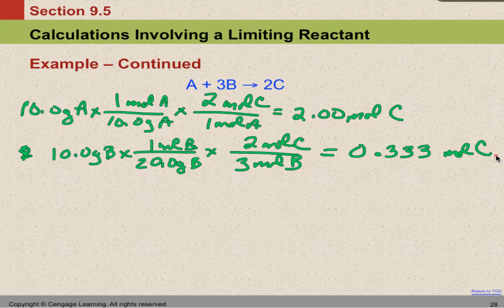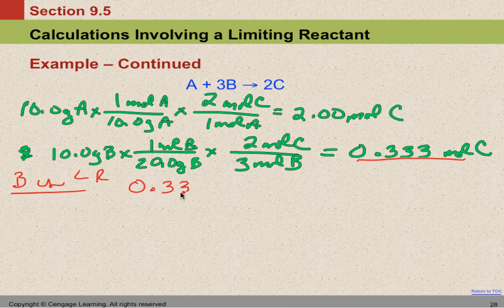Looking at these two numbers, what makes the least amount of C? Well, it's obvious B does. So I'm going to identify B as the limiting reactant, and we can calculate the mass of C produced by taking those moles.